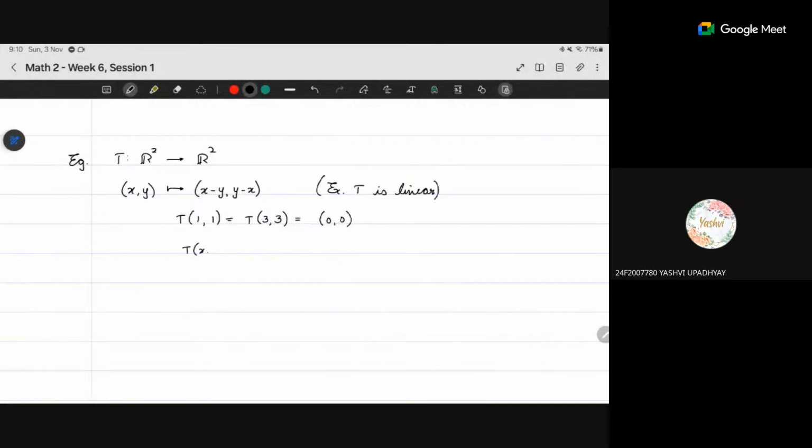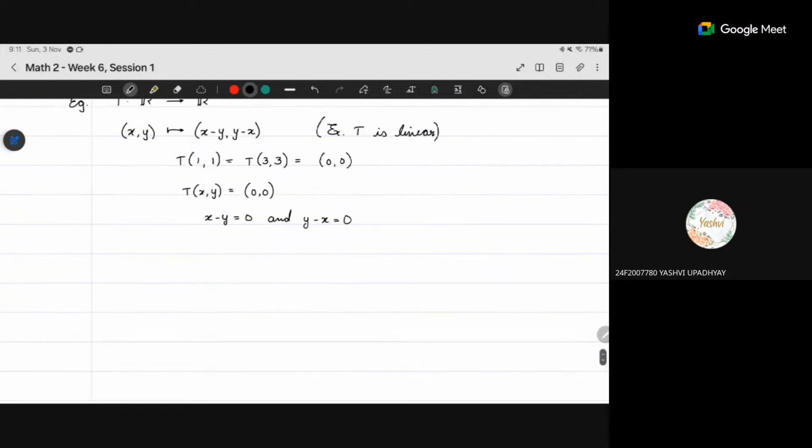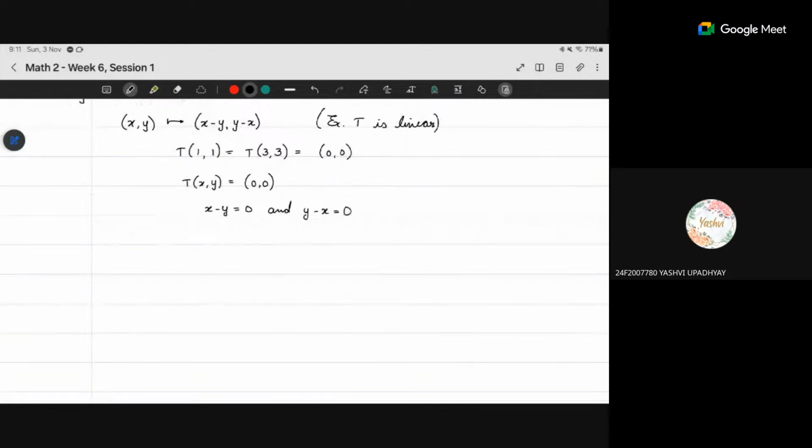So if T of x y is equal to 0, then you would have x minus y is equal to 0 and y minus x is equal to 0, which means just that x has to be equal to y. And that is not unique. 0 is not the only element. Any vector of the form x comma x, T of x comma x is 0. So there is an entire line of vectors which are mapped to the 0 vector. So this is definitely not injective.